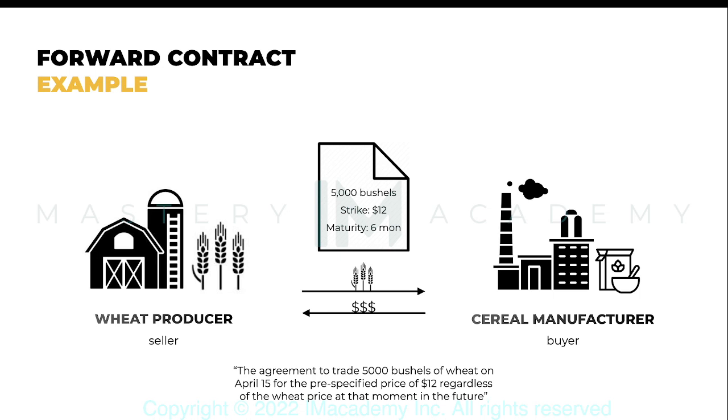Okay, so this is our example, and this is one of the simplest examples of how derivatives can be used to hedge the potential price fluctuations of wheat, both for a cereal manufacturer and a wheat producer.